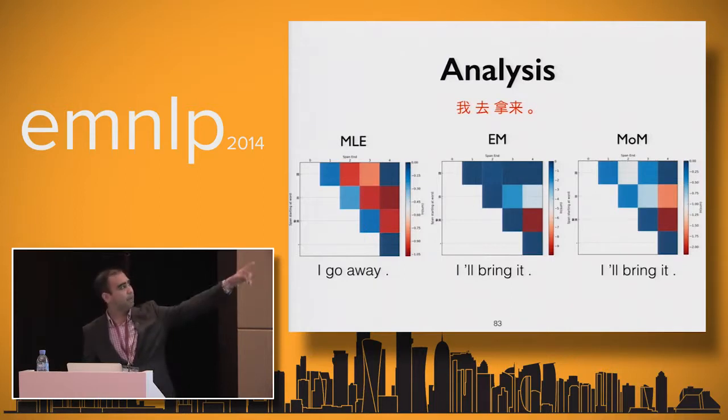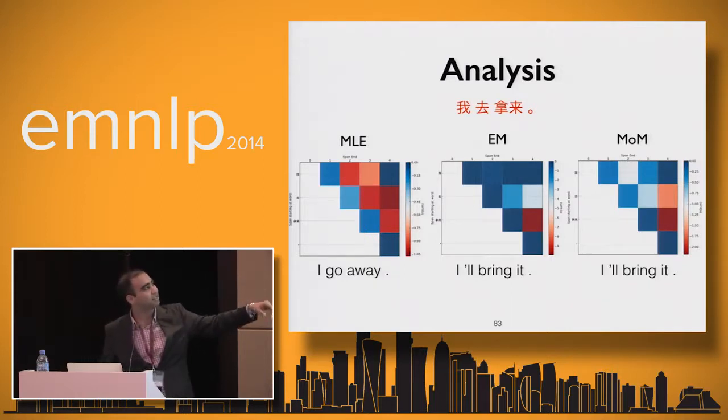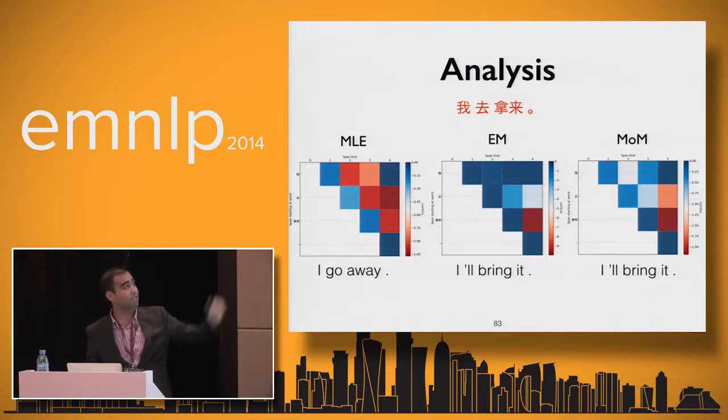Let me also describe what these colors are. These are CKY heat charts. Blue is higher, so a higher marginal, higher posterior probability is blue, and red is a lower posterior probability after performing CKY inference.